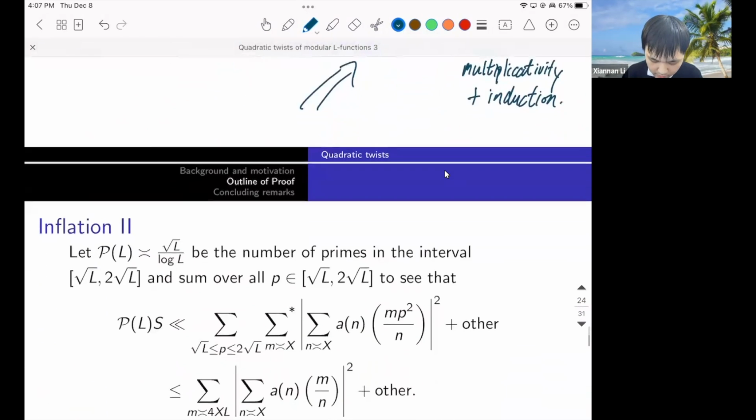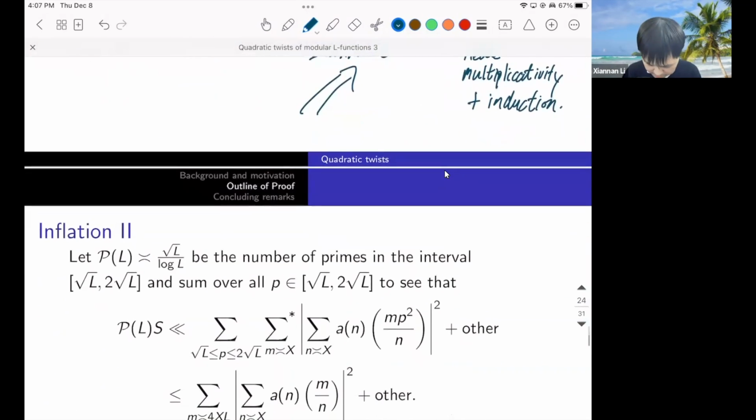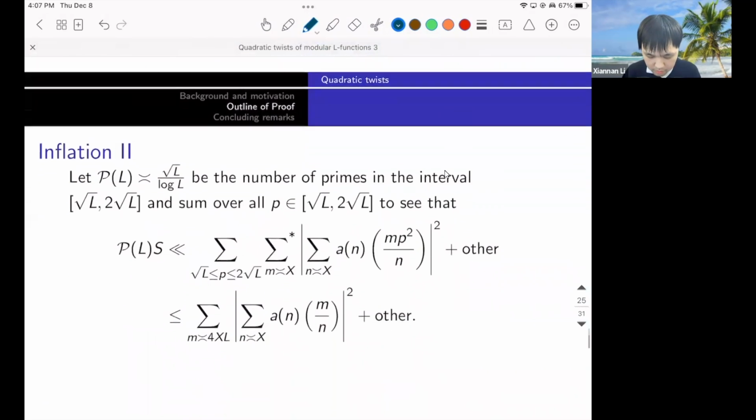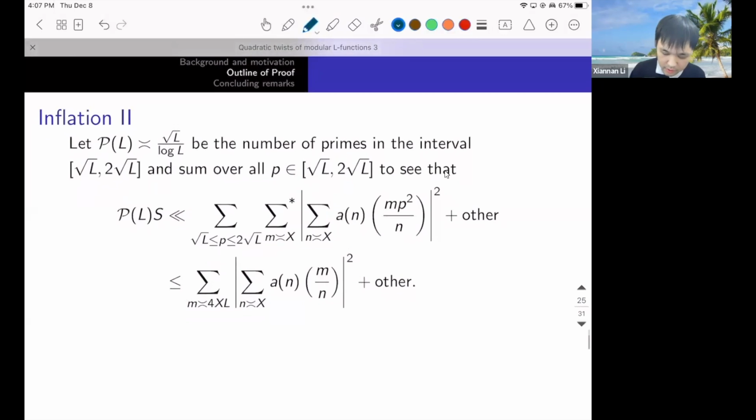If I do that, let me also sum over all the primes in this interval here, so primes of size root L. Okay, so I'll sum over all primes of that form. I'll let P of L be the number of primes in that interval.